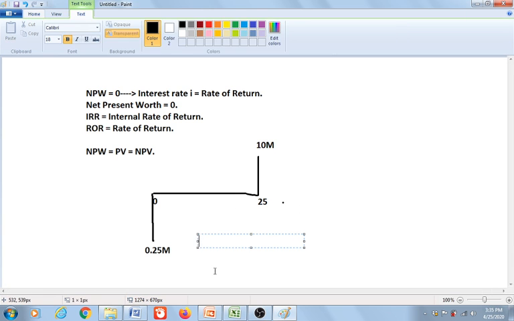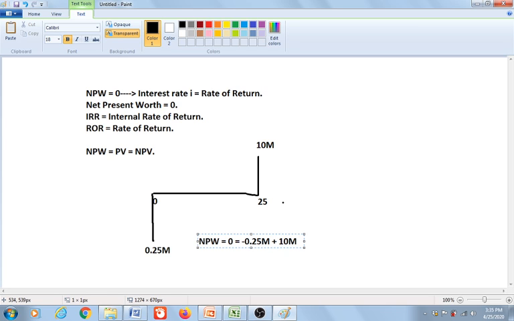So the equation will be NPW equals 0, and that equals minus 0.25 because it is a negative cash flow, plus 10 million, in millions, times P over F, I, 25.